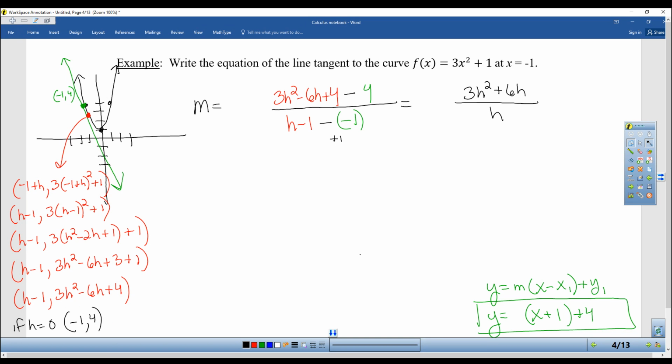If h was 0, then negative 1, 4 would be the second point. And that would be perfect, because then I'd be finding the slope at negative 1, 4. The 2 points would be right on top of each other. But you can't let h be 0, because you'll have a 0 in the denominator.